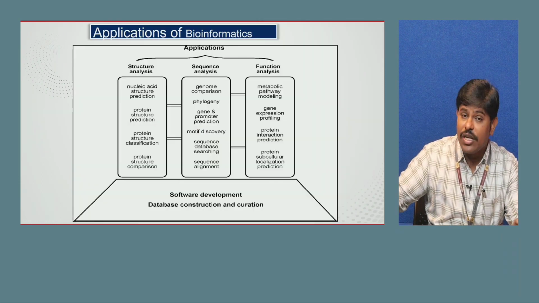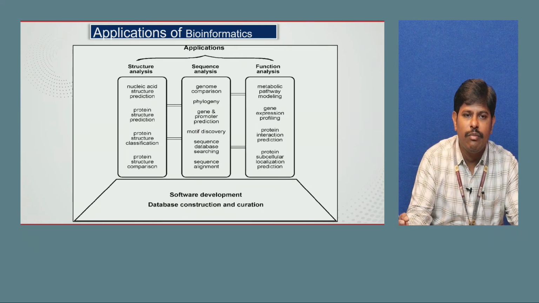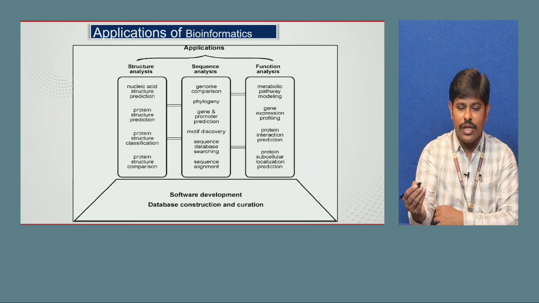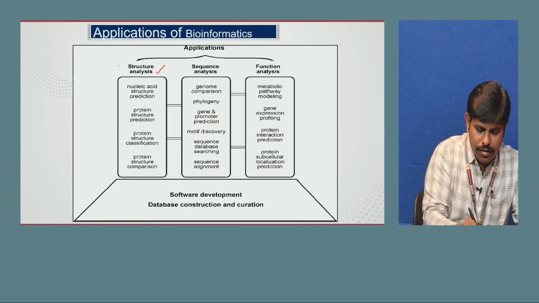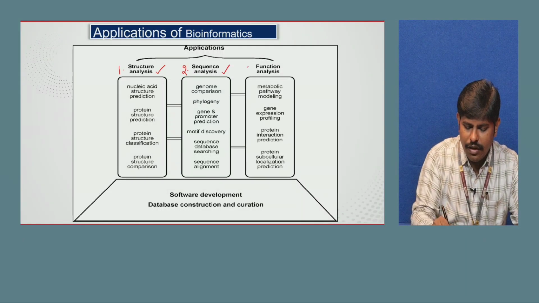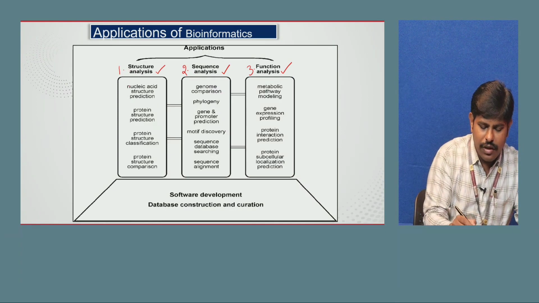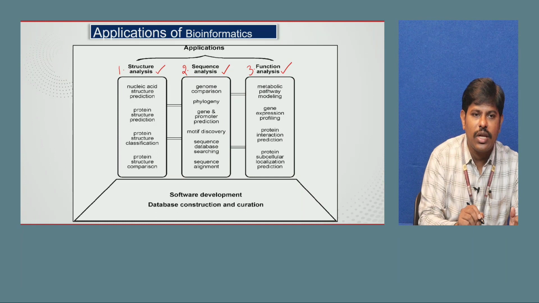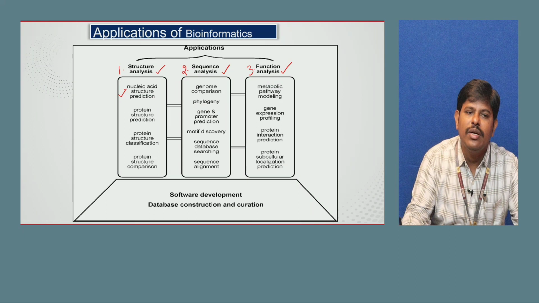The applications of bioinformatics can be attributed to what is done through bioinformatic algorithms. Basically three kinds of analysis are done in bioinformatics: structure analysis, sequence analysis, and functional analysis. Structure analysis involves understanding the structure of nucleic acids and developing algorithms to predict structure from the sequence.